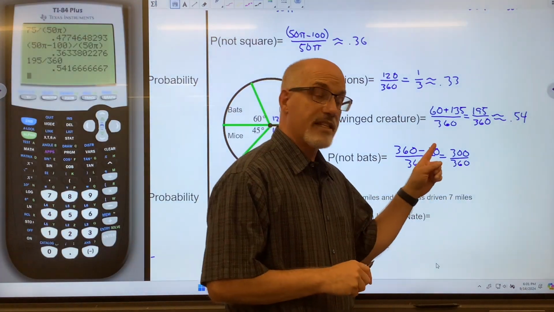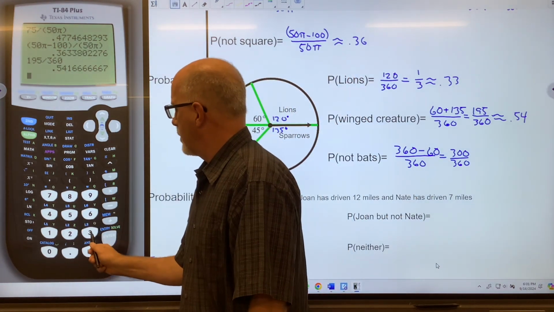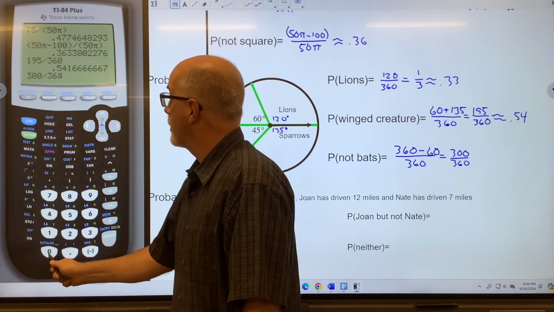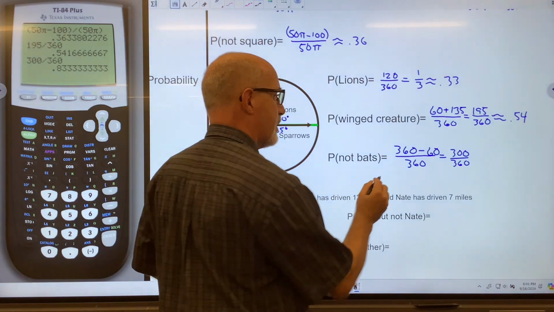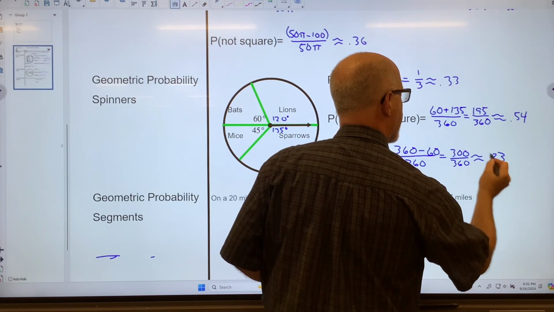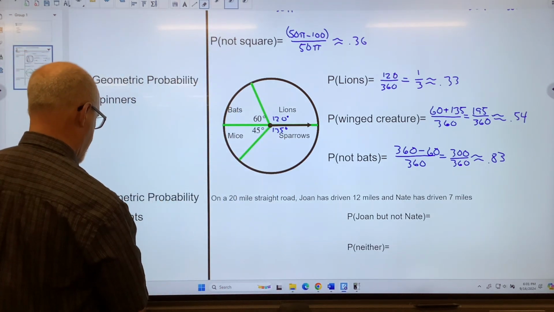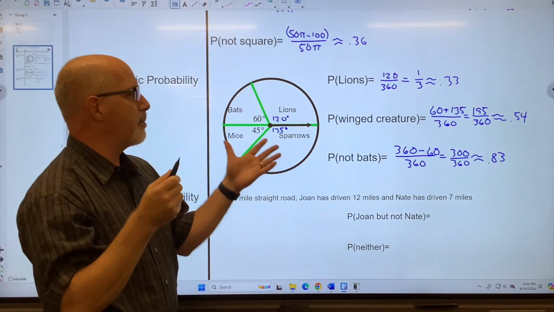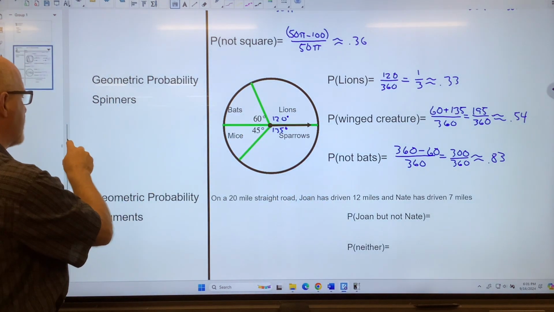Now we're going to get the decimal of 300 over 360. And that's about 0.83. All right, so that's geometric probability with spinners. It's based on circles, so 360 degrees.